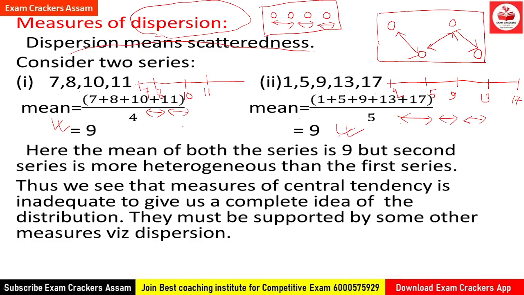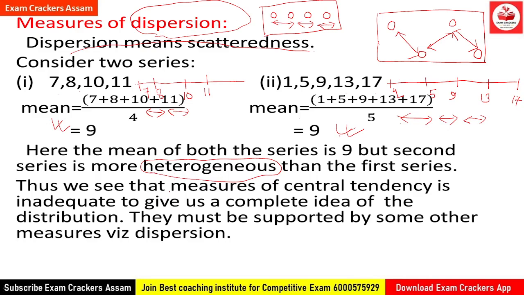So the mean, that is, a measure of central tendency, is not sufficient to describe the characteristics of any data set. See, here the mean of both the series is 9, but the second series is more heterogeneous. Now this word heterogeneous means varying, different, having more variation, and the opposite is homogeneous. Homogeneous means almost the same, and heterogeneous means they vary significantly.